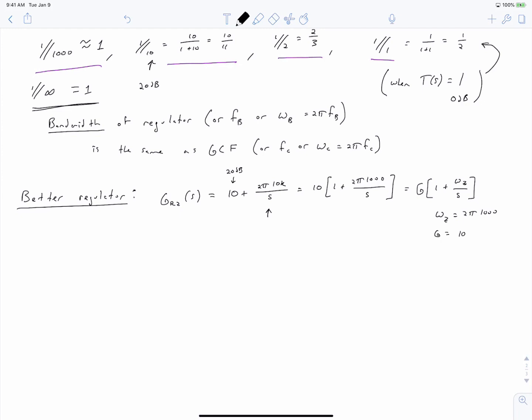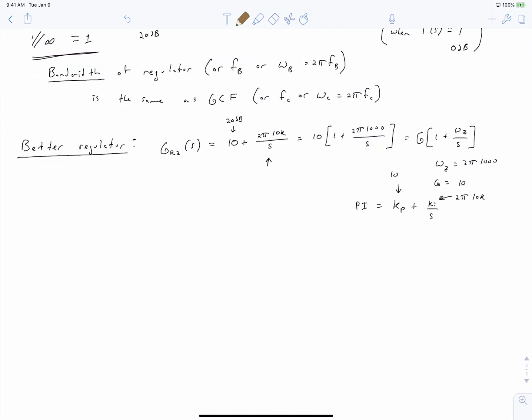And this is the form of a PI regulator. A PI regulator has a transfer function of Kp plus Ki over s. And so in this case, Kp is equal to 10, and Ki is equal to 2 pi times 10 kilohertz.